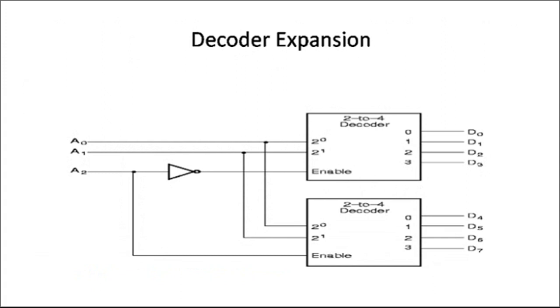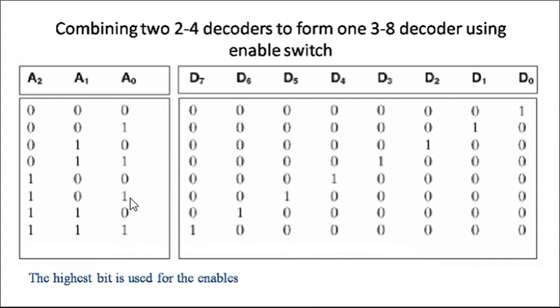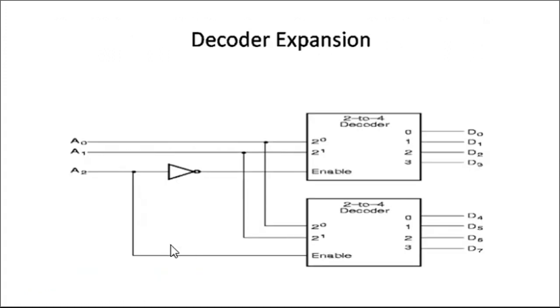Okay, so A0 is 1, A1 is 0, and A2 is 1. See, A2 is 1, so inverted it is 0, means in that case this decoder is disabled.